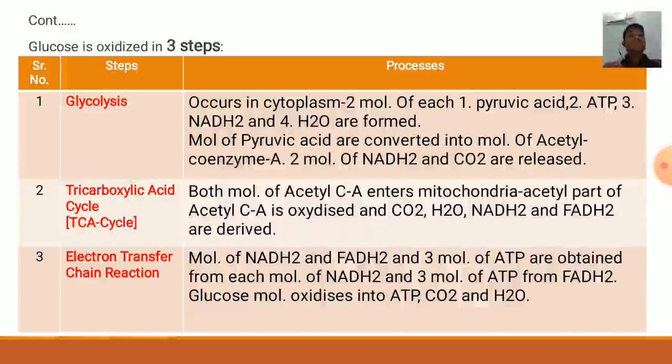The glucose molecule is oxidized into ATP, CO2 and H2O, meaning a lot of ATP molecules are obtained from this process, and carbon dioxide and H2O are formed as byproducts.